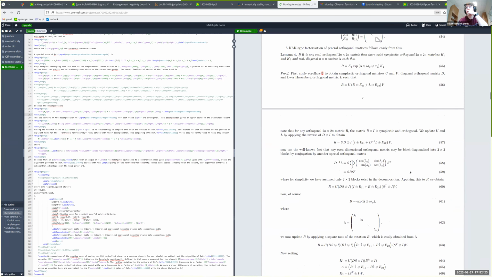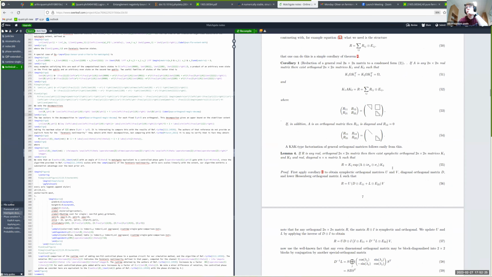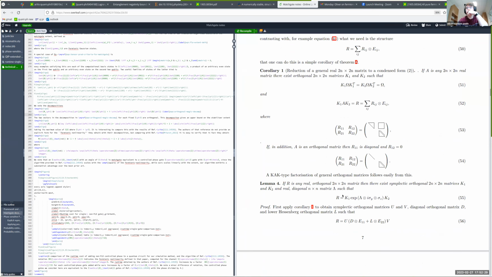Okay, so this is a decomposition in terms of FLO unitaries.